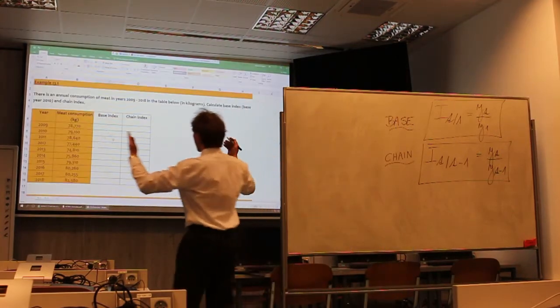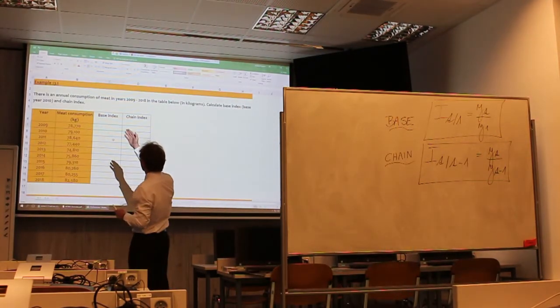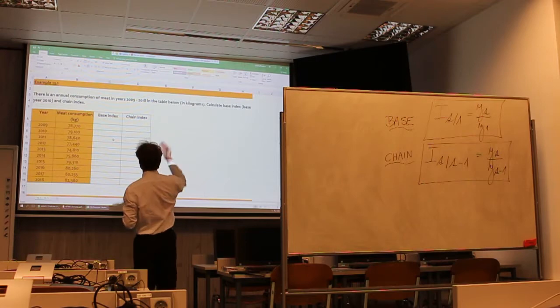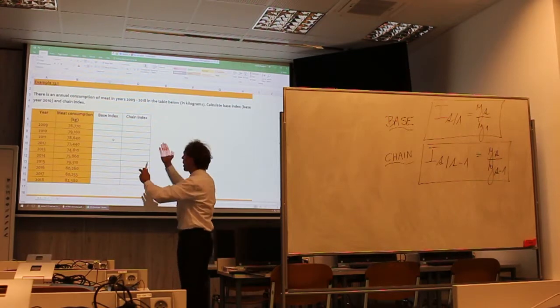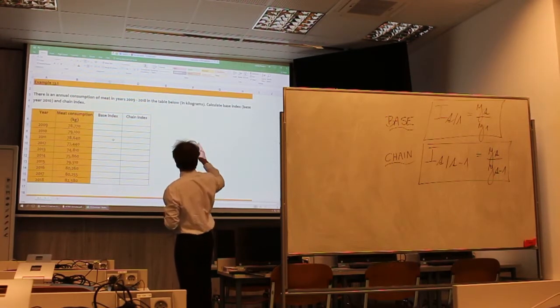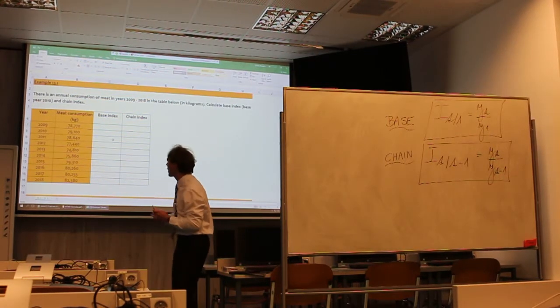So we have an example. There is an annual consumption of meat in years 2009 to 2018 in the table below, measured in kilograms. We'll calculate the series of base indices and chain indices.